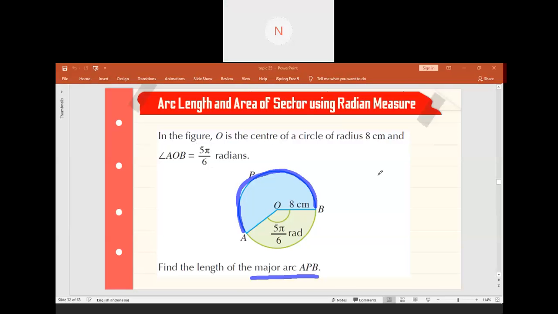In a full circle, how many radian? 2. 2 what? Only 2 radian, not complete yet. 2 pi. Yes, it will equal 2 pi. So if we are going to find the full circle, it will be 2 pi radian.